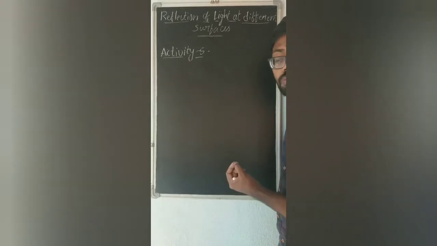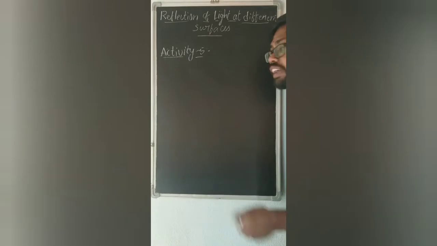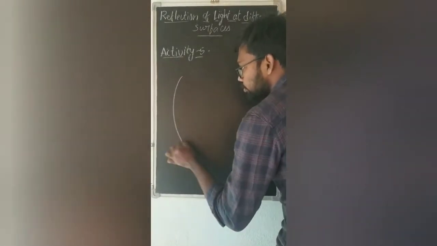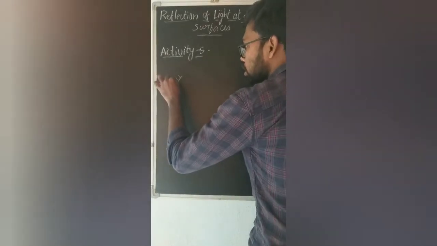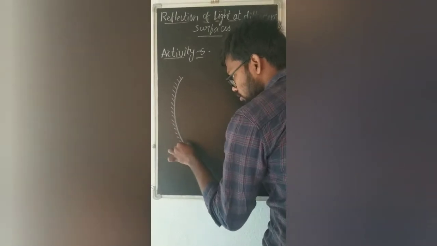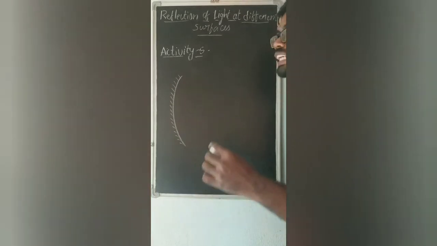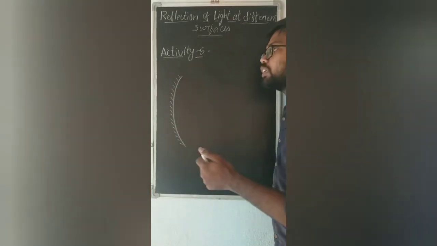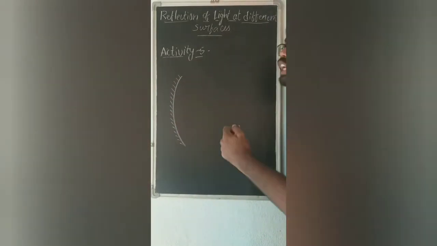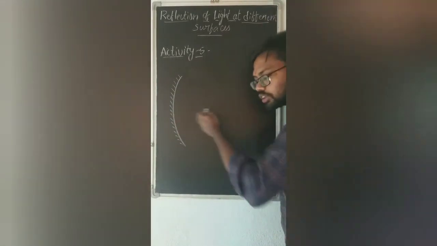Light rays from the sun will fall on the concave mirror, and the concave mirror reflects these light rays. Now take a white paper and place it in front of the concave mirror.